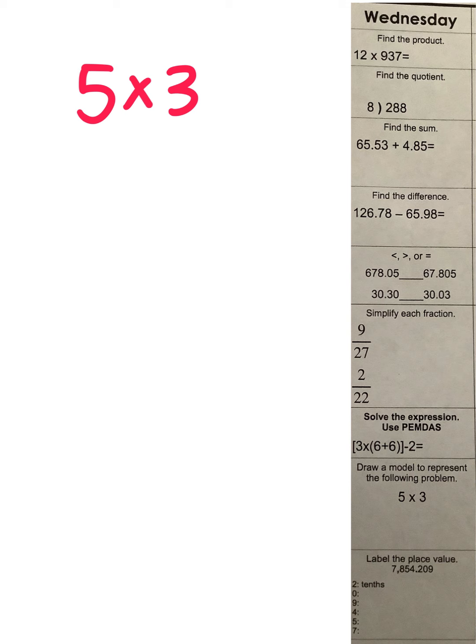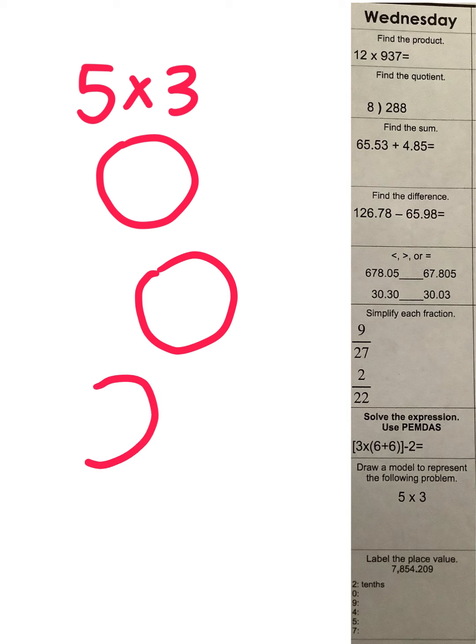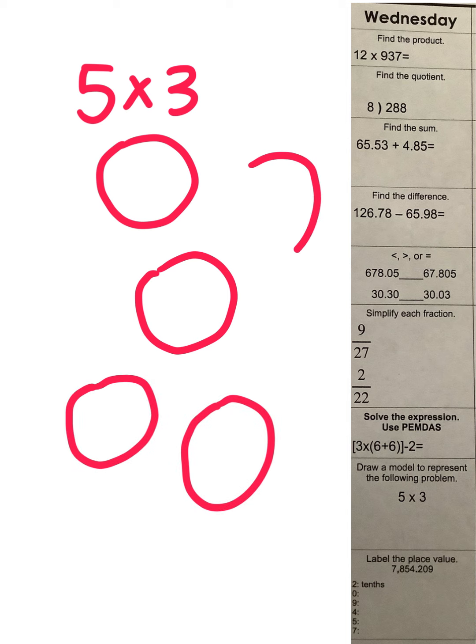All right, so now we are going to draw a model to represent the following problem, 5 times 3. So here I could go ahead and draw out 5 groups. And now I will place 3 logs in each of the groups.